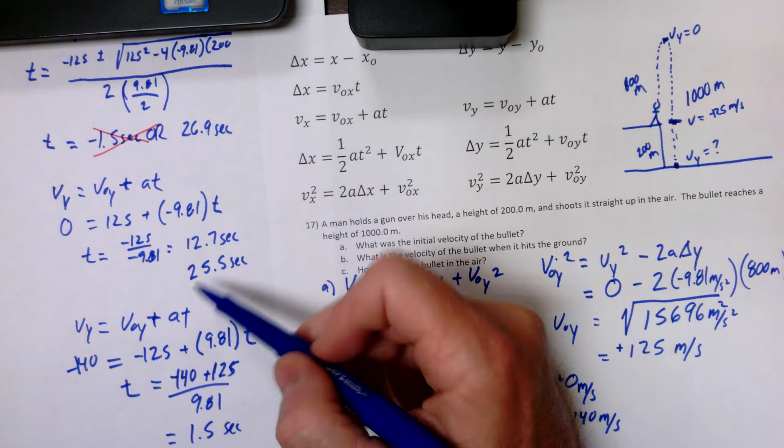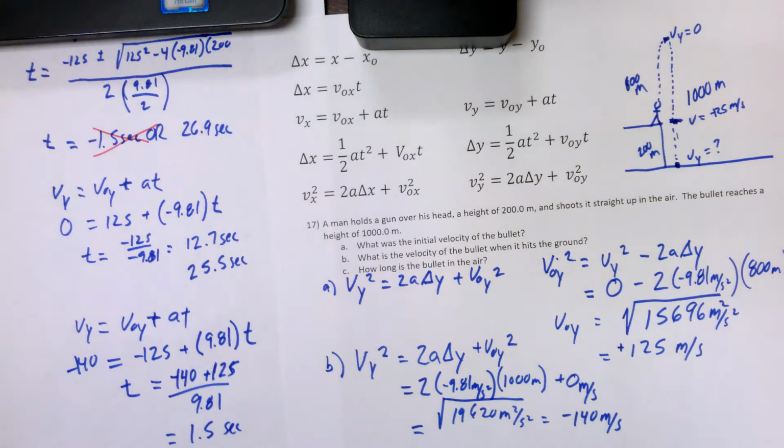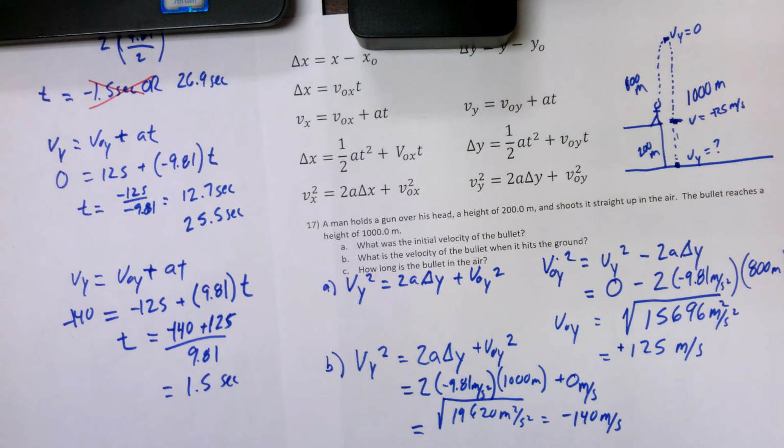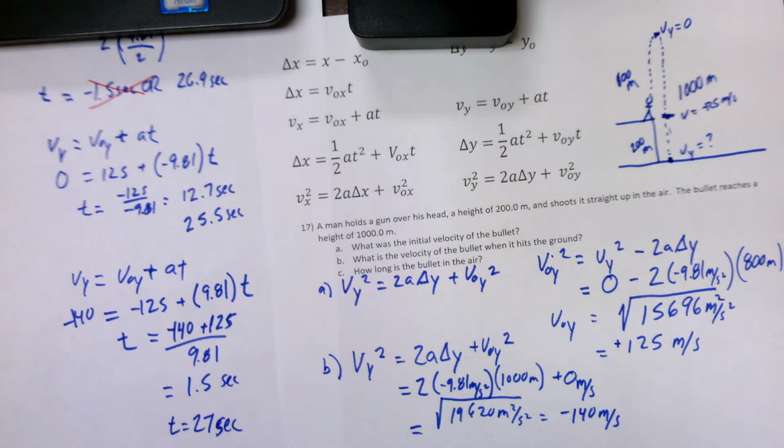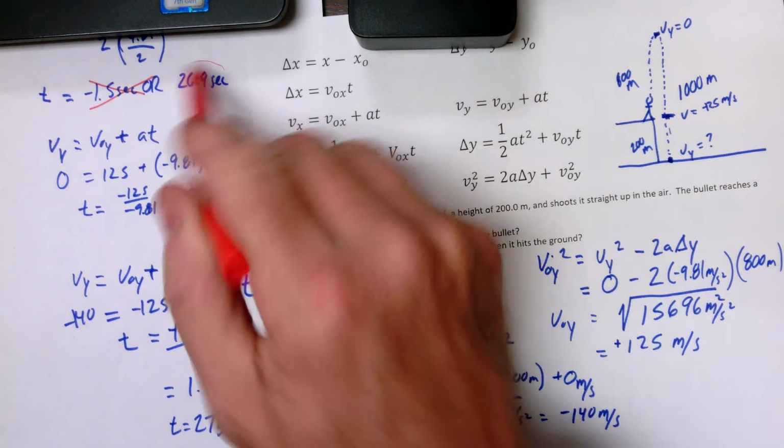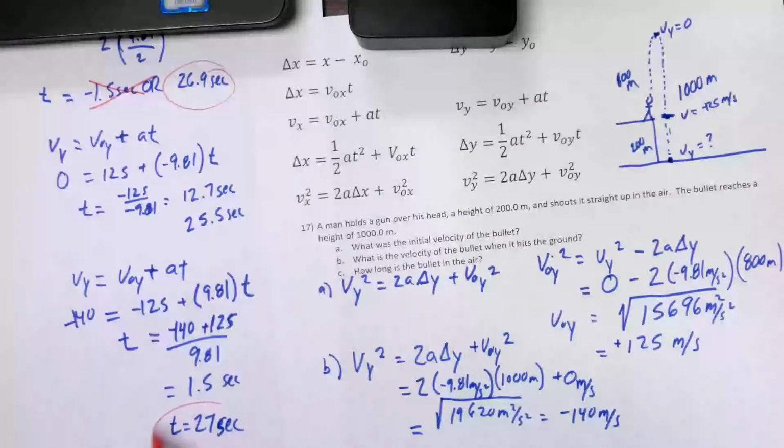Well, add that to my time for the other section of 25.5, and I get 26.9, which when I did the quadratic formula, I got 26.9.